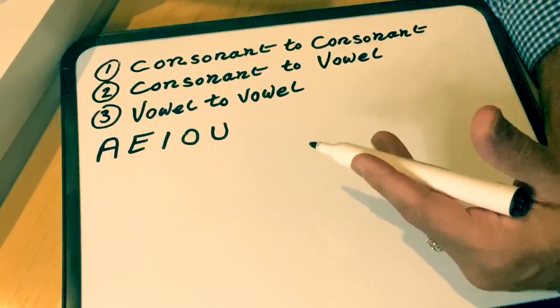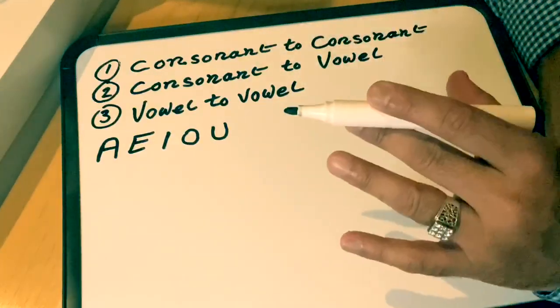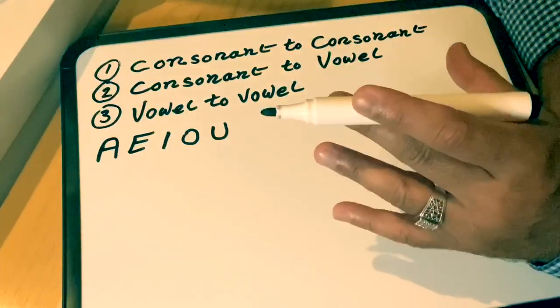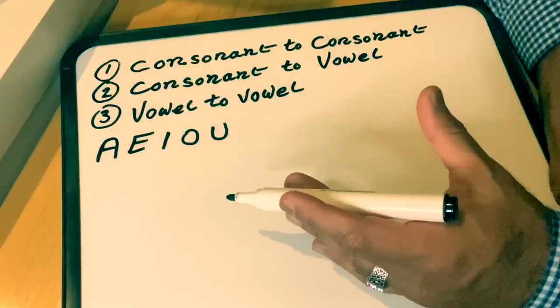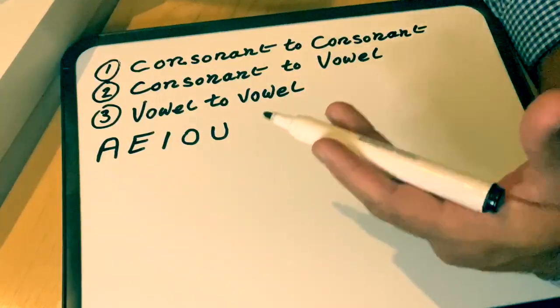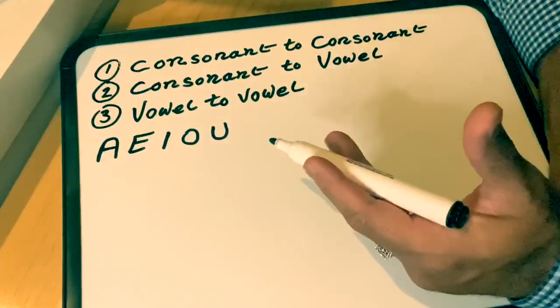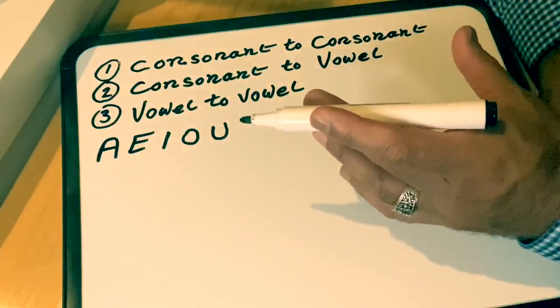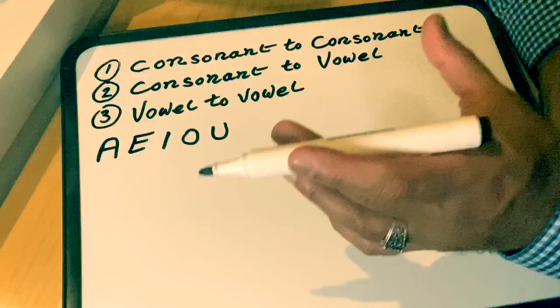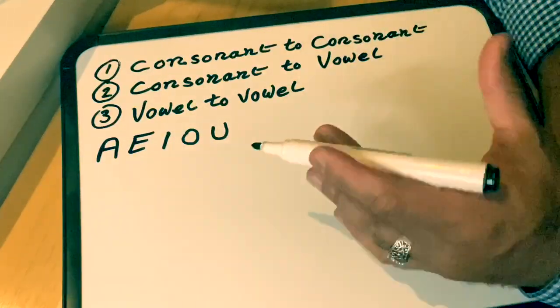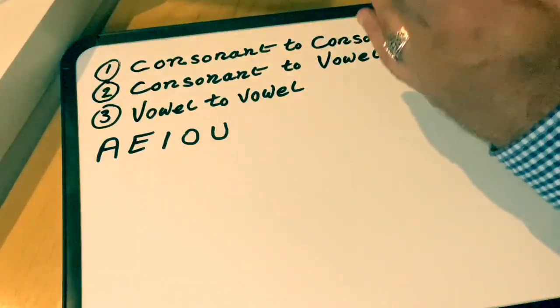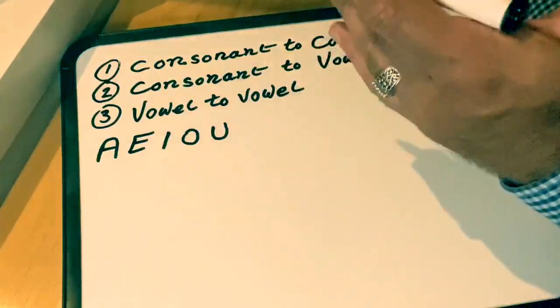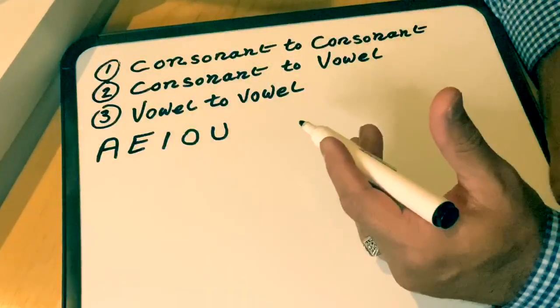They find it easy to connect. We as non-native speakers have to learn how to connect and how to link words so that when we speak, our sentence becomes a continuous sentence rather than stopping at every word.